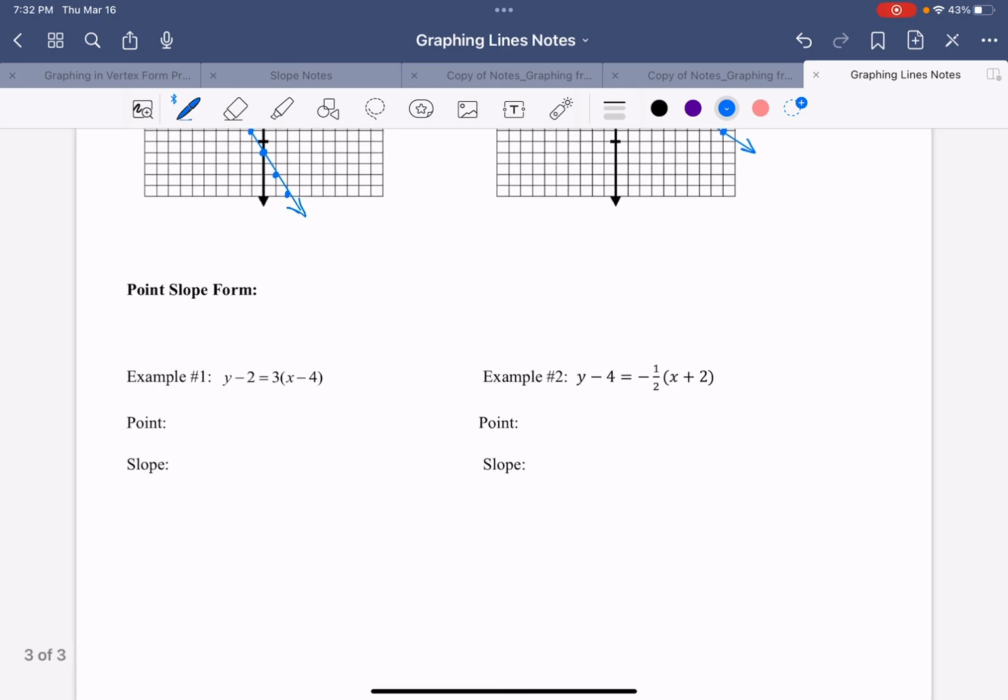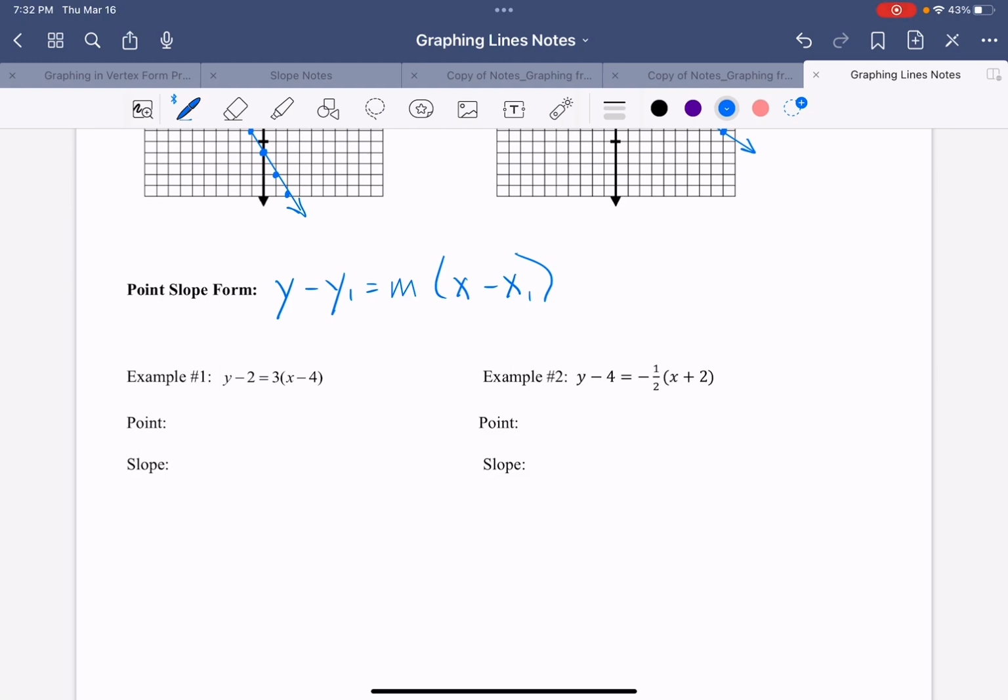And point slope form will kind of make you think a little bit of what we were doing with slope and finding the 2 points, right? So this time we have y minus y1 equals m slope times x minus x1. All right.